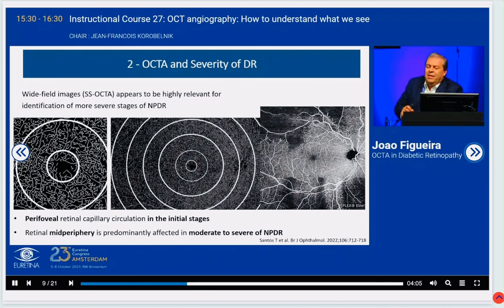This shows that the initial stages of the disease are more focused in the perifoveal area, and using swept source OCT with wide field imaging, we showed that in more severe cases, moderate to severe non-proliferative diabetic retinopathy eyes, these changes are mostly located in the mid-periphery of the retina.